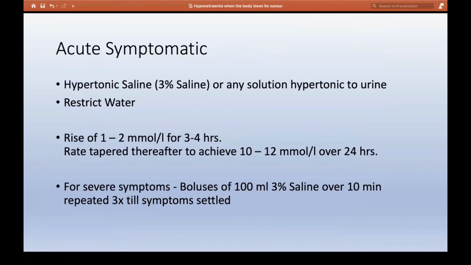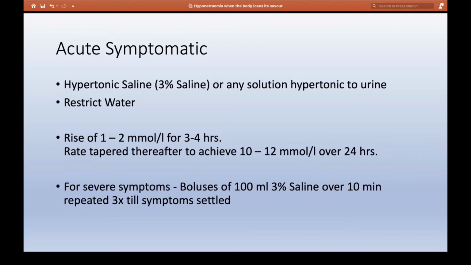So if somebody is acute symptomatic, very confused, having seizures and convulsions and then in coma, then you may need to rapidly act upon it. So you have to regularly check the electrolytes and may need to initiate hypertonic saline, that is 3% saline, to correct this.